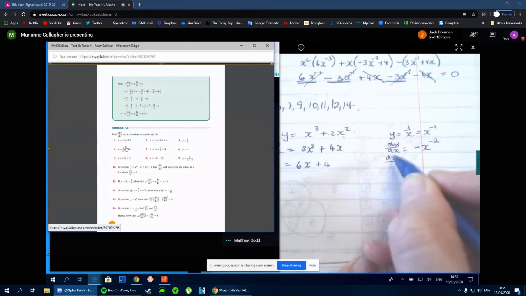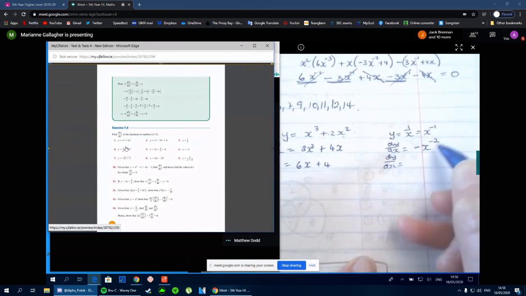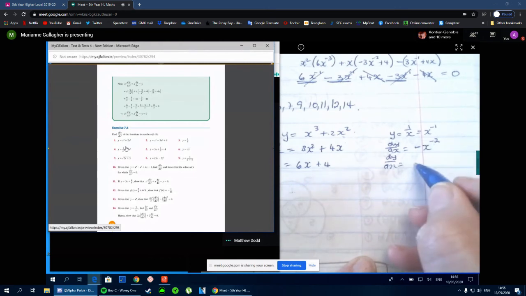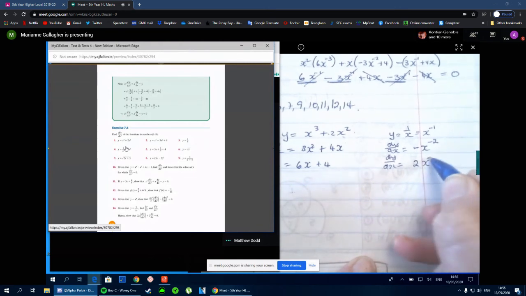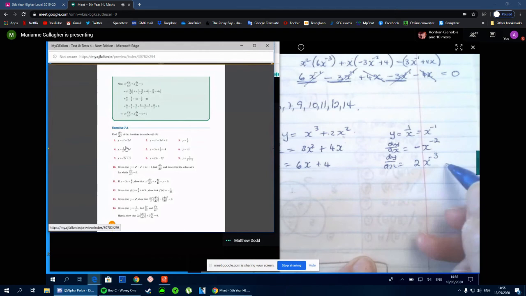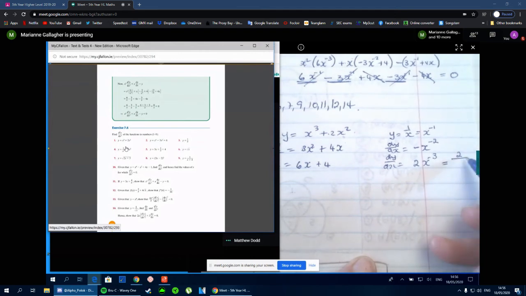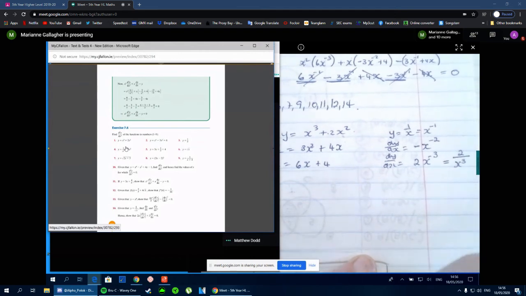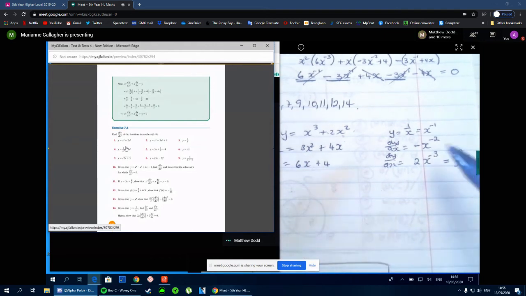Apply your rule again, d2y/dx squared, you bring down the minus 2, so minus by minus 2 is plus 2, x to the minus 3, and now you change it back to normal, so it'll be 2 over x cubed. So these first few questions are good practice at basic differentiating and swapping back and forth between your types of powers.